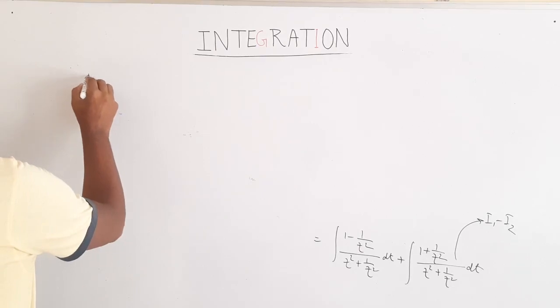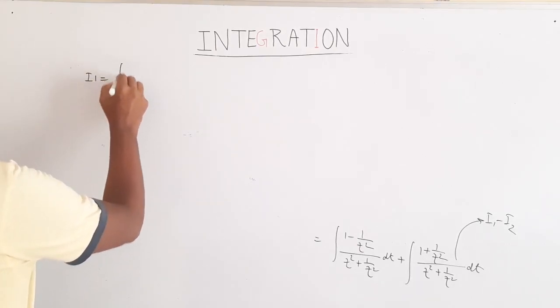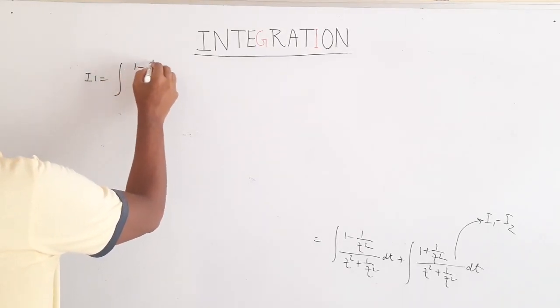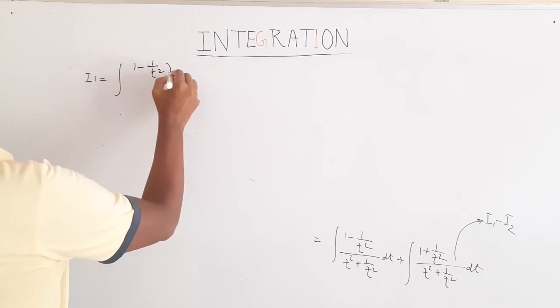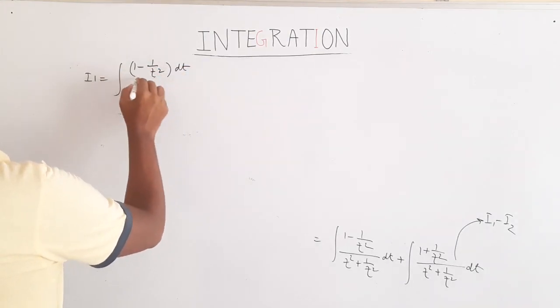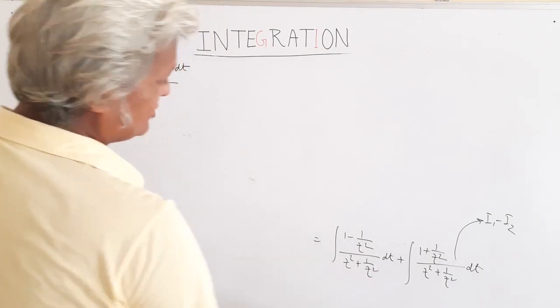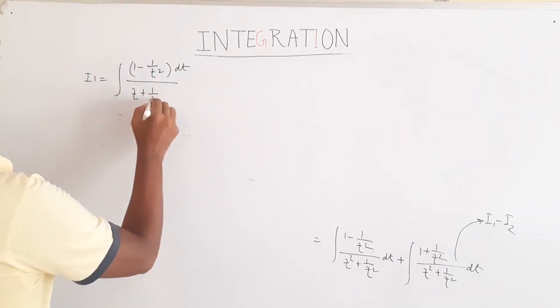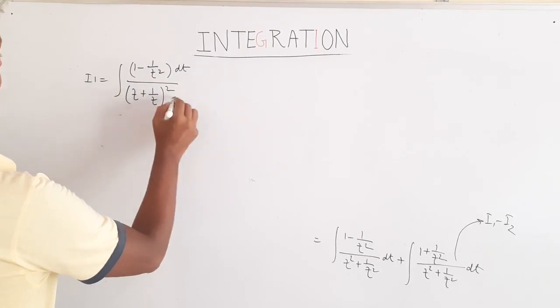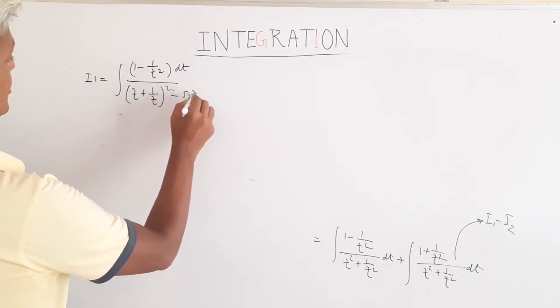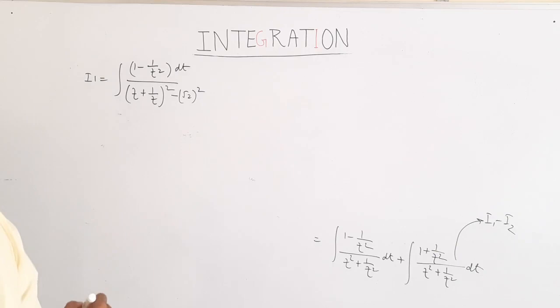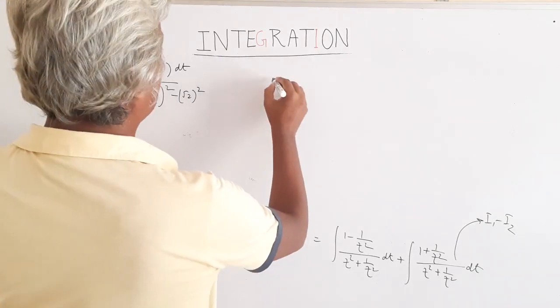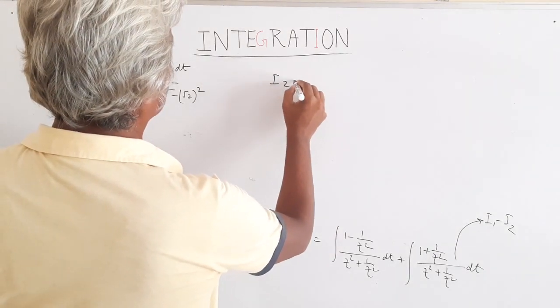So here I write I1 is 1 minus 1 over t square dt, and in place of t square plus 1 by t square I would like to write t plus 1 by t whole square minus root 2 whole square, and at the same time here in parallel I write I2 also.